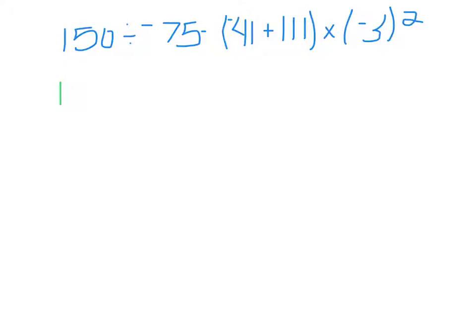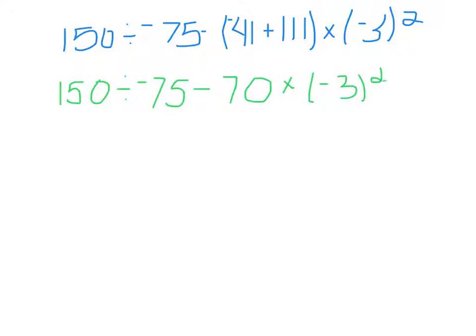So 150 divided by -75 minus, now I have -41 plus 111 that equals 70 times negative 3 squared. So I've taken care of my parentheses.